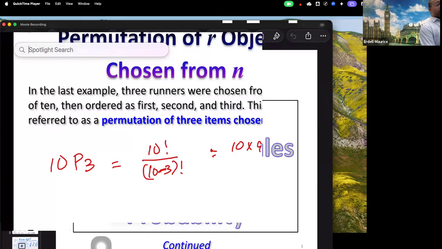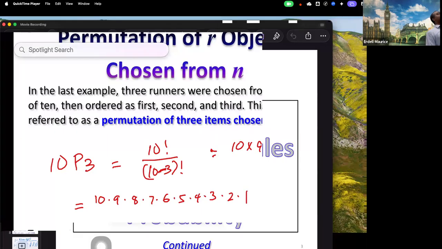What is 10 factorial? I'm doing the top part right here. It is 10 times 9 times 8, 7, 6, 5, 4, 3, 2, 1.